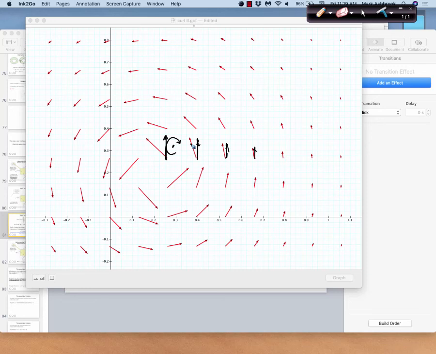Curl is a pointwise phenomenon. It's not a global phenomenon, okay? So yes, globally this thing rotates counterclockwise, right?